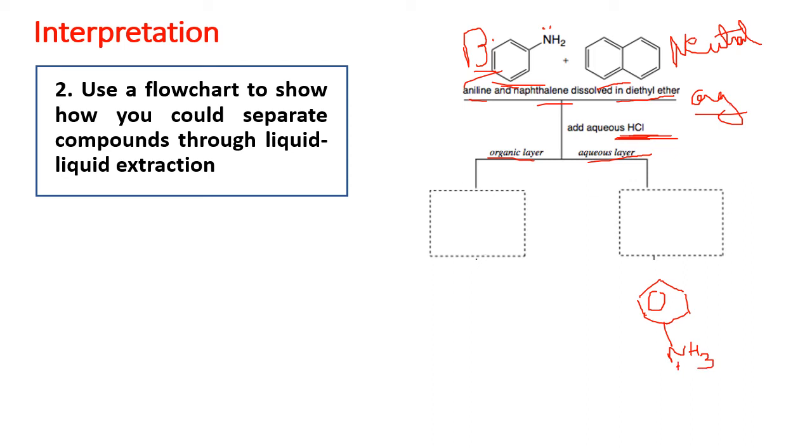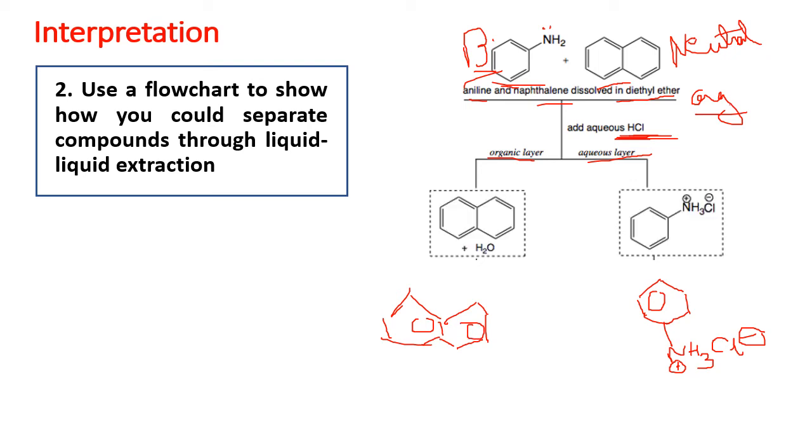NH3 plus and a Cl minus, as if you added this HCl to the NH2. Then what will be remaining in the organic layer? The other compound, which is what? The unionized hydrophobic naphthalene. And I apologize for my computer drawing. Okay, great.